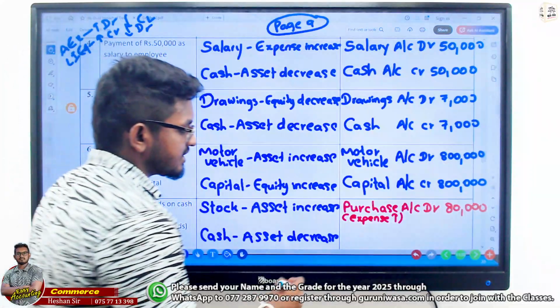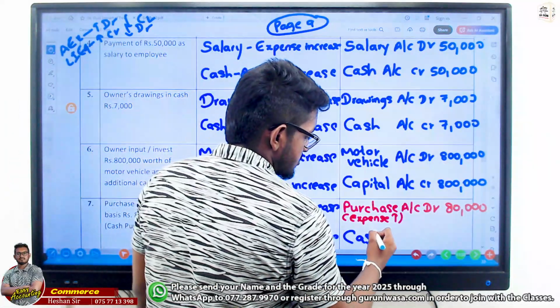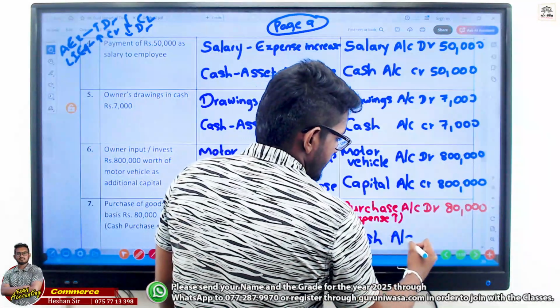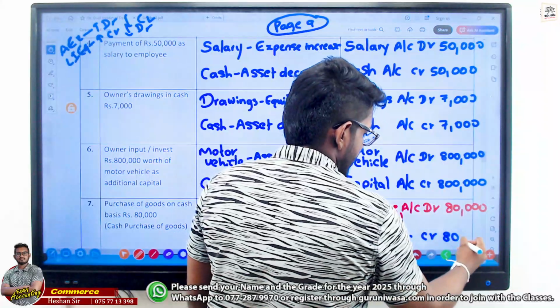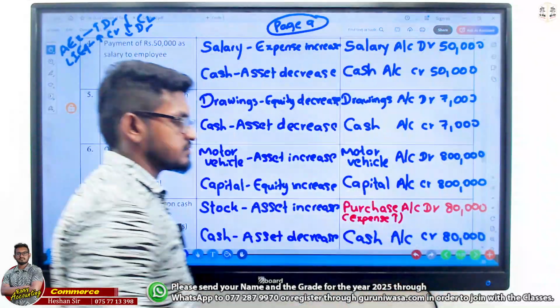So cash asset decrease means cash account credit. It's no change. Cash account credit 80,000. Write in another color pen this.